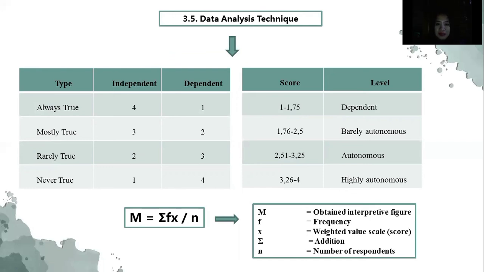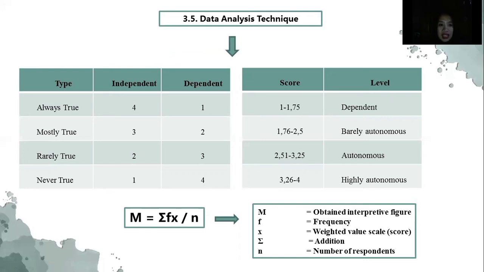And then here the researcher will use independent statements. If the respondent chooses always true, the score is 4, and for dependent always true, the score is 1.